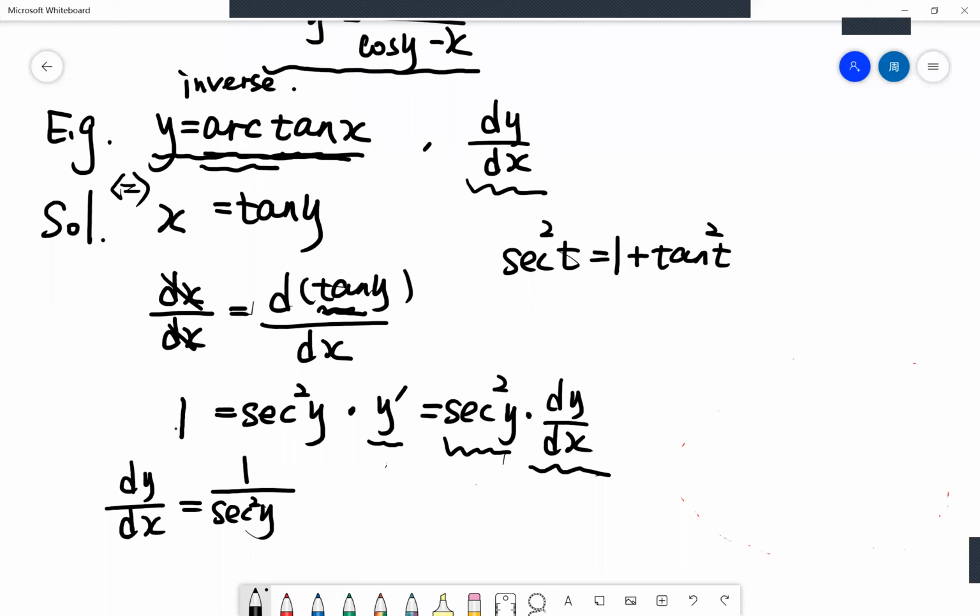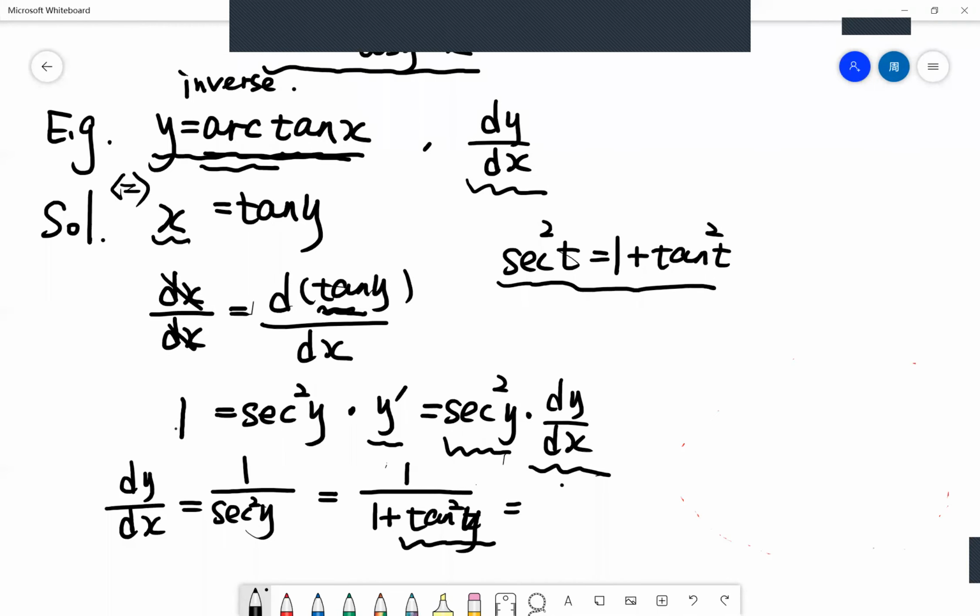You can use the sine function and the cosine function to check this equation. So you can change it to 1 by 1 plus tangent y squared, and tangent y is x here.